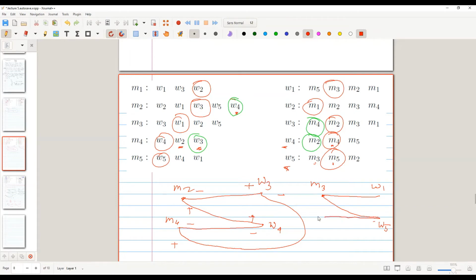W5 is currently matched with M5, and in the preference list of M5, the next one is W4, but W4 doesn't work. Then W1 works, because W1 prefers M5 over M3. That's why we have an edge to W1. And now we have a cycle. So here we can see that we have two disjoint cycles from a given instance.